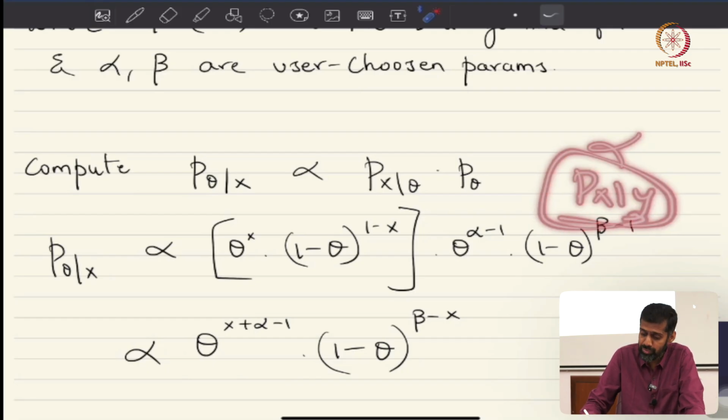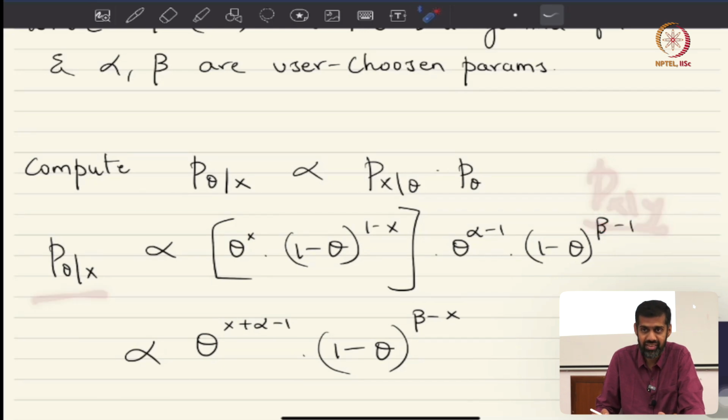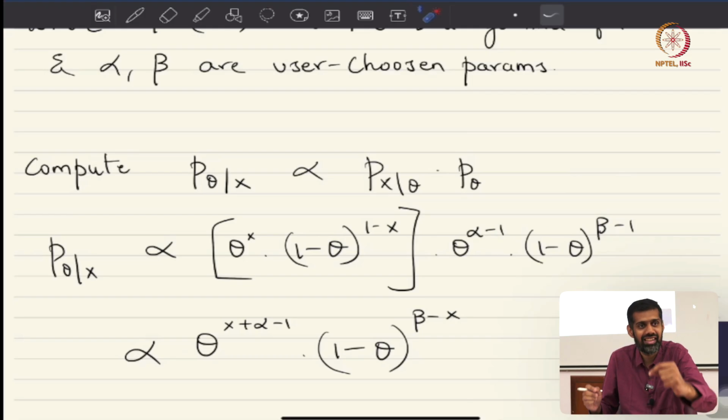Now this p of x given y is a function of p of theta given x, isn't it? So you can carry this p of theta given x and get what is called a full Bayesian estimate, where the final decision that you get on y also has uncertainty in it.